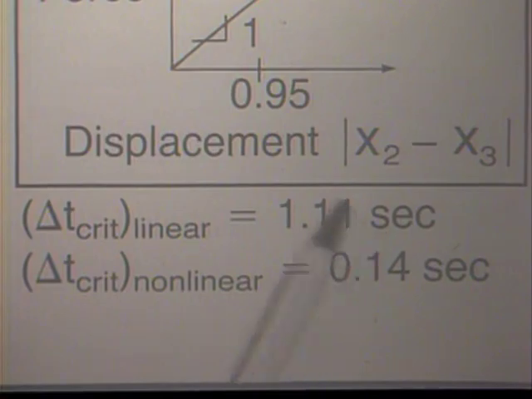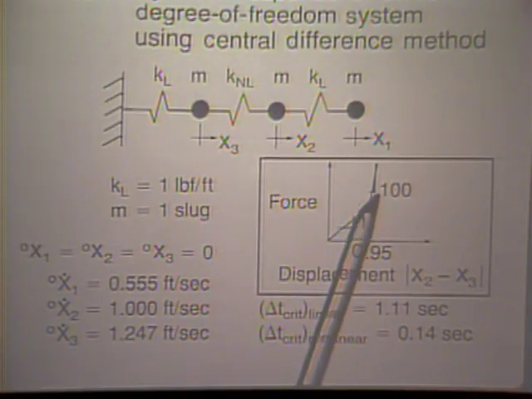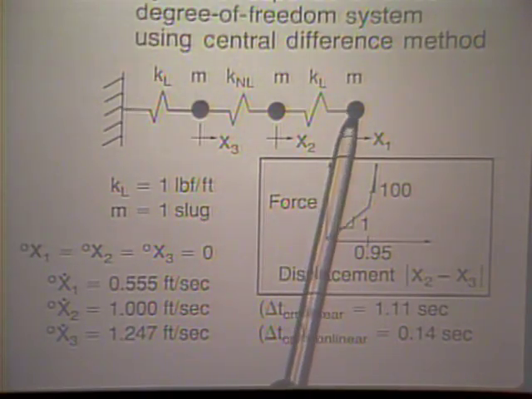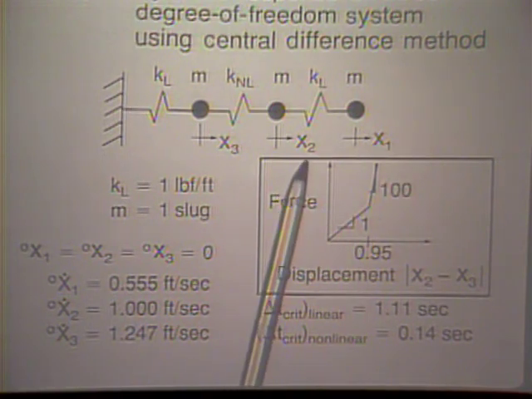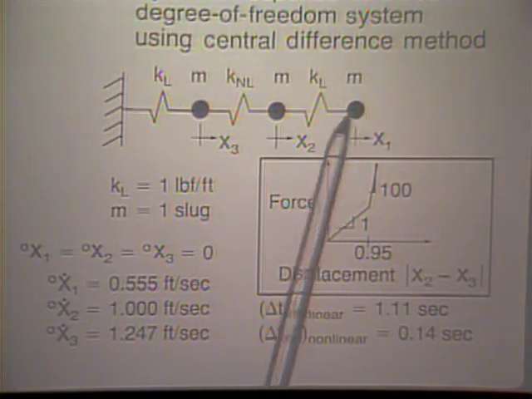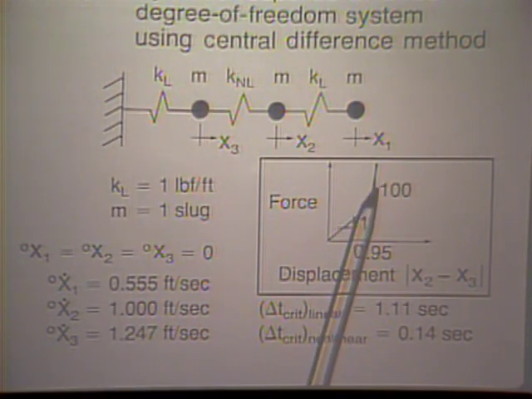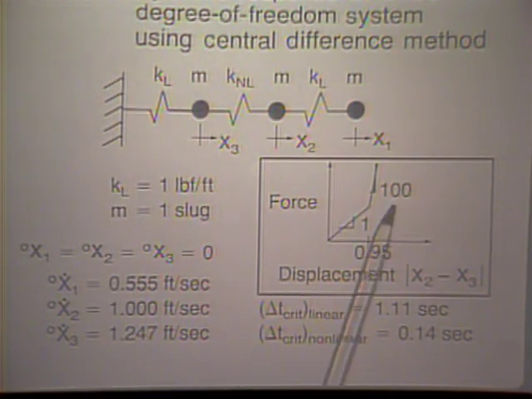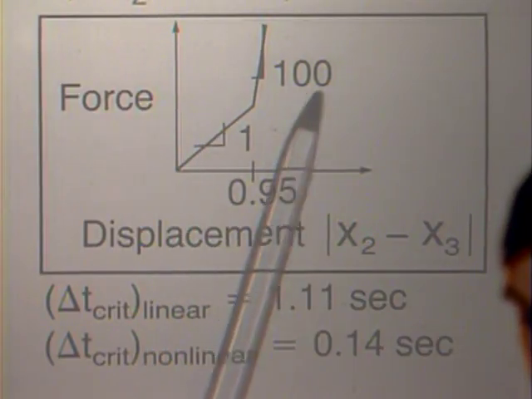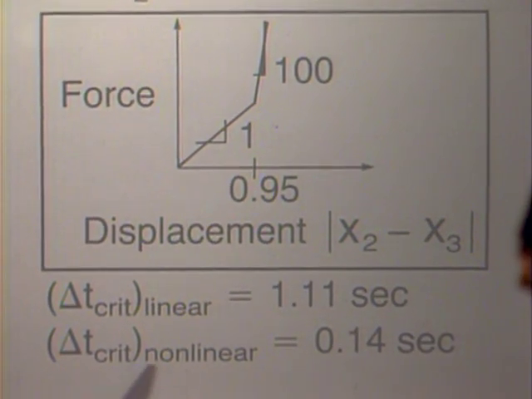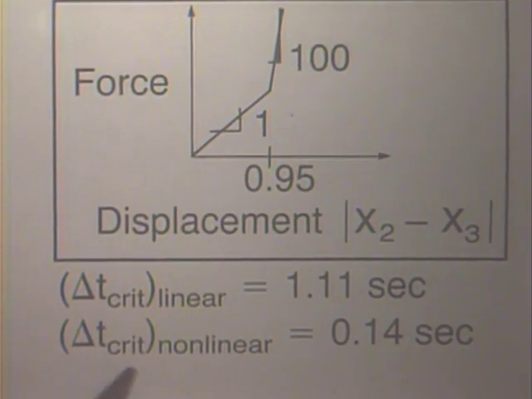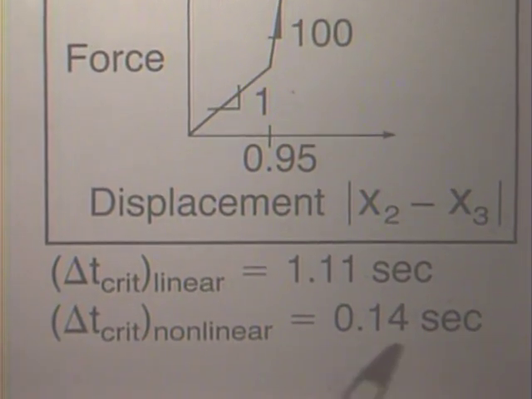However, as soon as we are going around this kink here, due to the fact that the forces that are applied, or the initial conditions that we are applying to these degrees of freedom, are large enough, our new critical time step is based on this spring stiffness, and it is given right down here. This is the new critical time step.